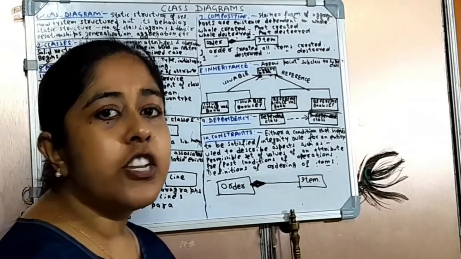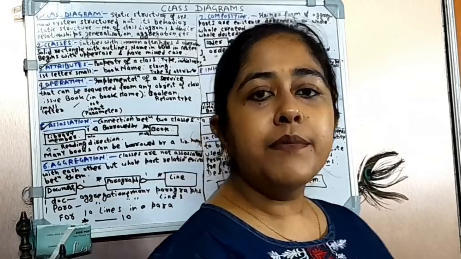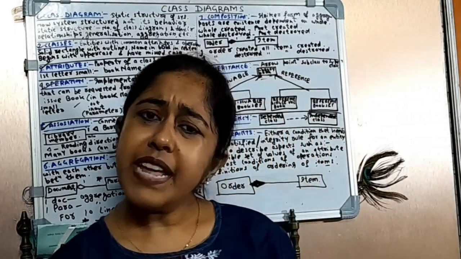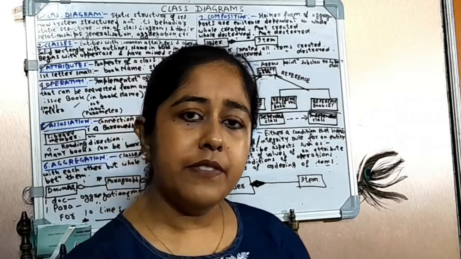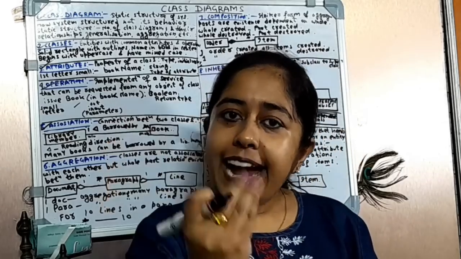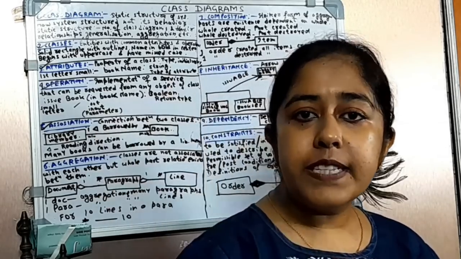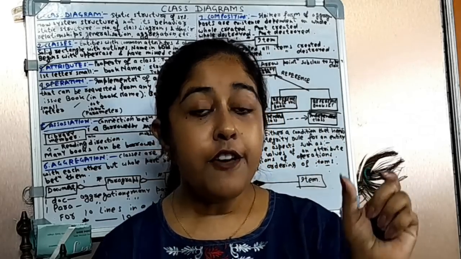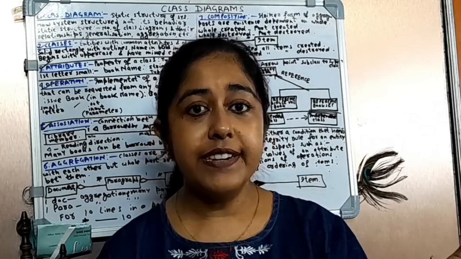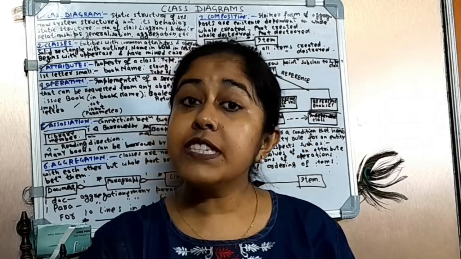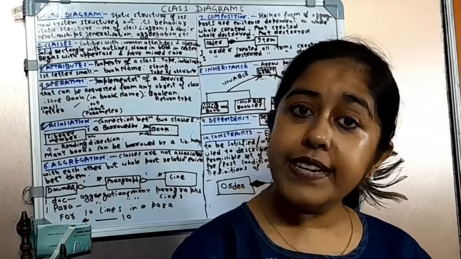In composition, what will happen when I am creating a particular order? In that order, if I am writing about some grocery items, then when I am creating the order, suppose I am giving 10 grocery items, those 10 grocery items are also created.